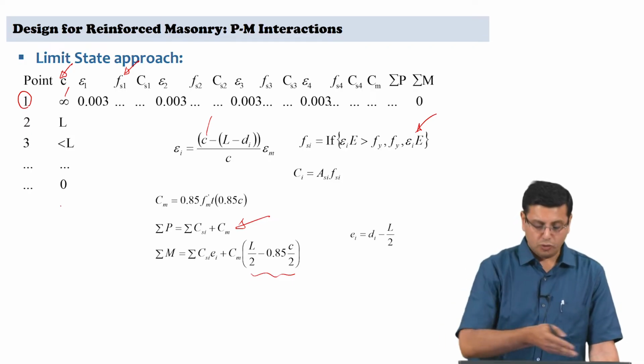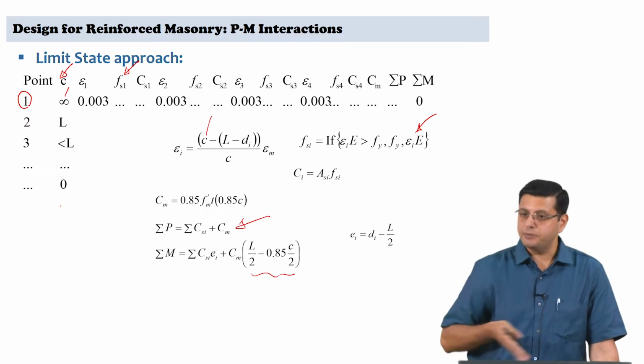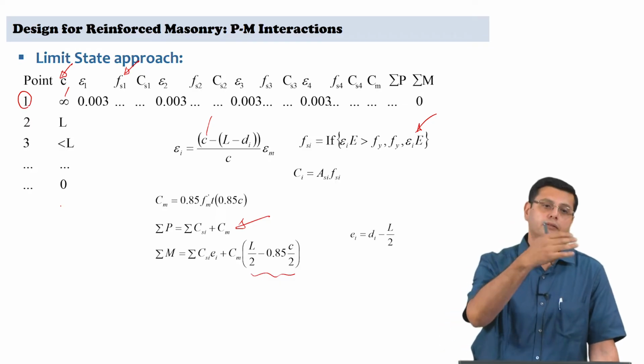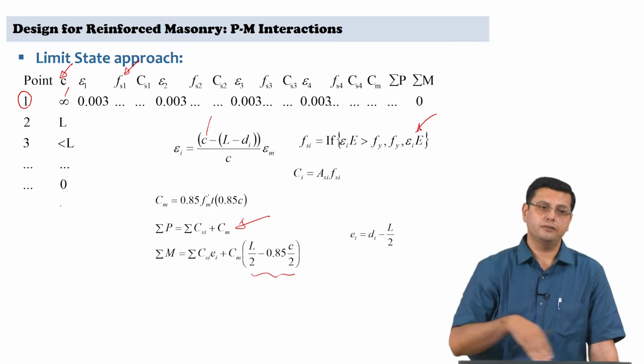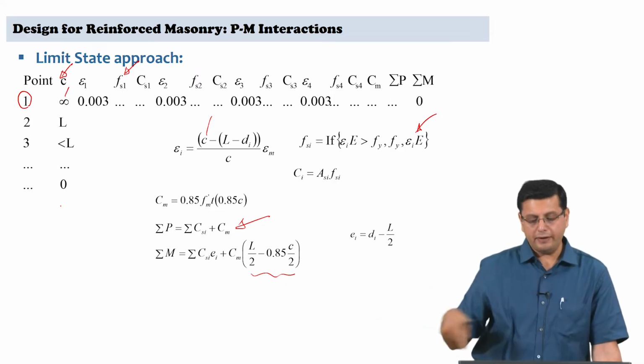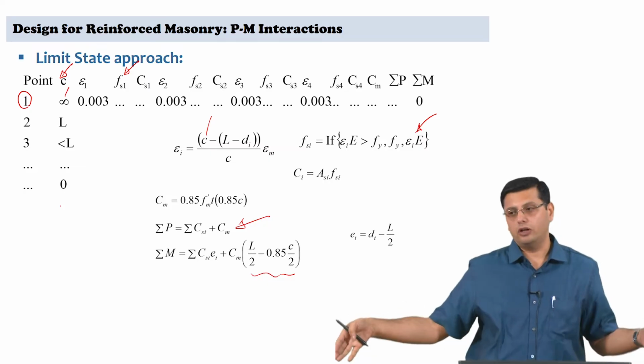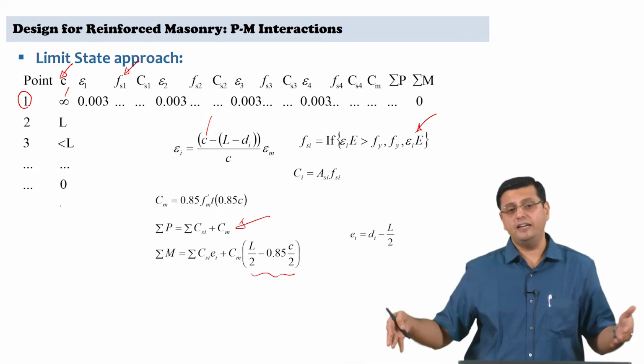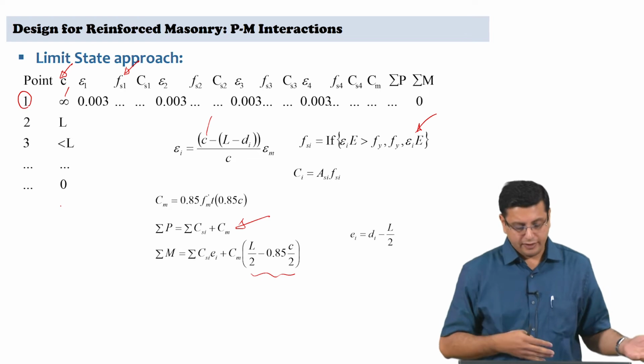The beauty of the formulation based on strain is that the same set of expressions hold right from the first stage, full compression, to the last stage where it is going to be fully in tension, where depending on the geometry possibly all the 4 bars have yielded, or a few bars have yielded and a few have not.